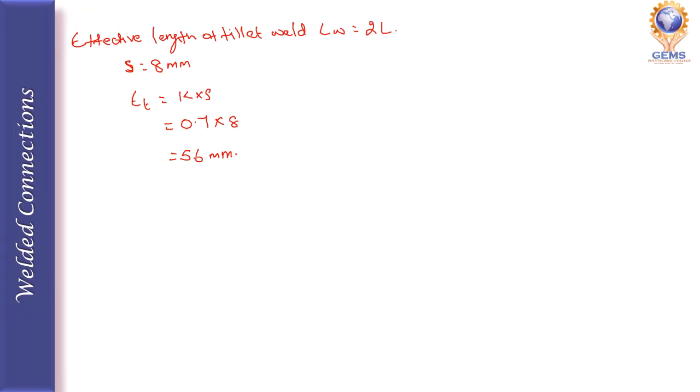Here what we have to find next is the internal safe pressure. So we will equate the hoop force to the strength of the fillet weld, to find out the internal safe pressure value, that is the P value.